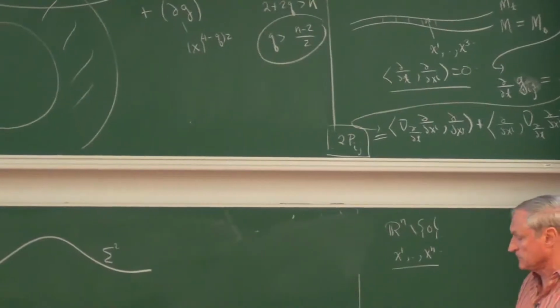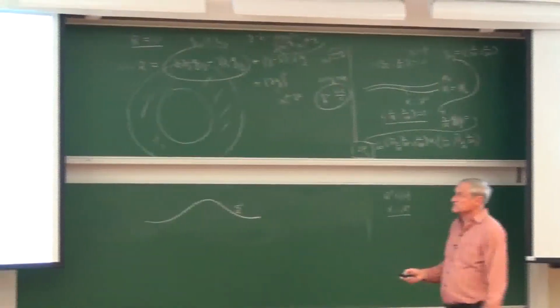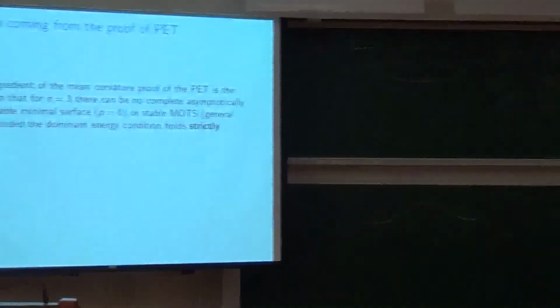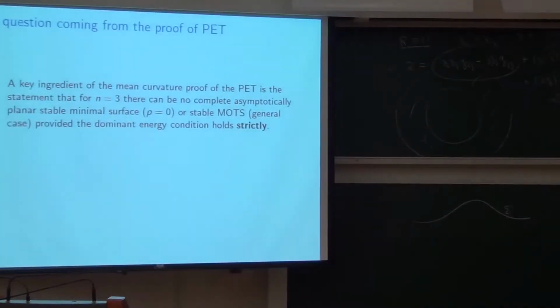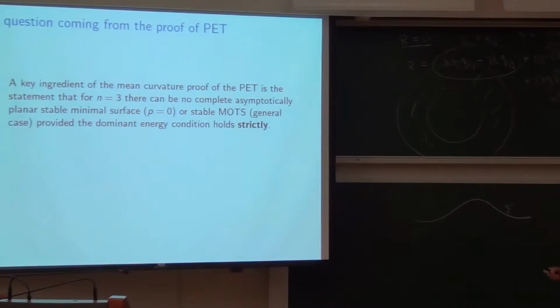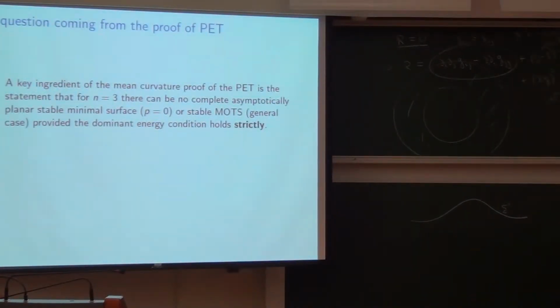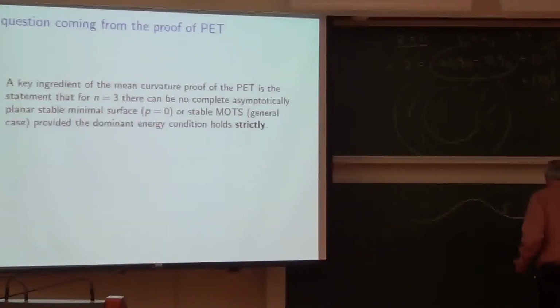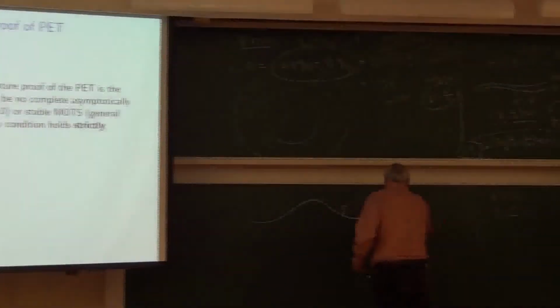And it turns out, in fact, an important step in the proof of the positive energy theorem is that such MOTS don't exist under the condition that the dominant energy condition holds strictly. Okay, and so I probably don't have time to write this down, but the stability inequality involves terms like this.